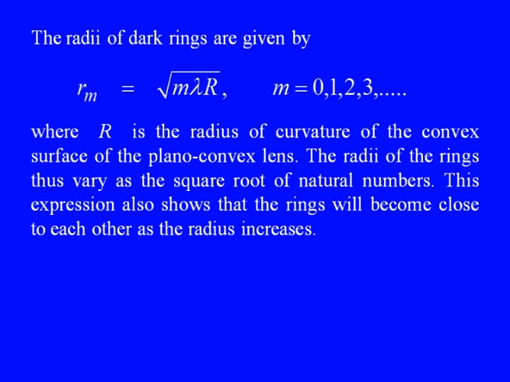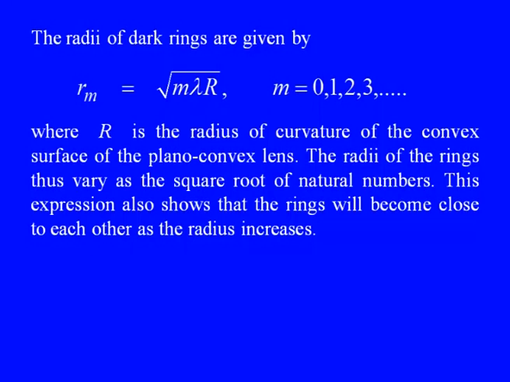The radii of the rings vary as the square root of natural numbers. That is a very interesting result. And because it varies as the square root, the rings will become close to each other as the radius increases. Another thing, we would like R to be pretty large if we want wide rings.